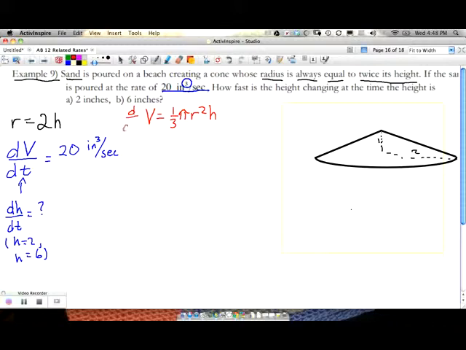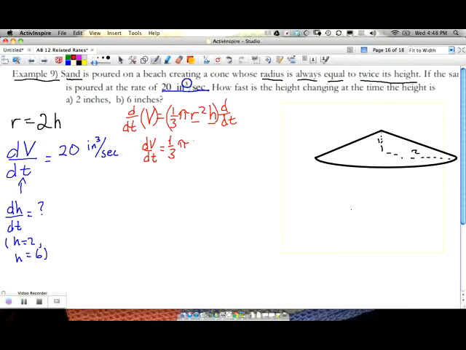So let's take the derivative. Let's do d dt of everything. d dt of this and d dt of this. Well, that means on the left side we're going to have dV dt. Hey, we can plug that in. That's going to be helpful there in a minute. And on the right side here we're going to have 1/3 pi. That's a constant, so that just stays. Now we have a product rule, r squared and h.